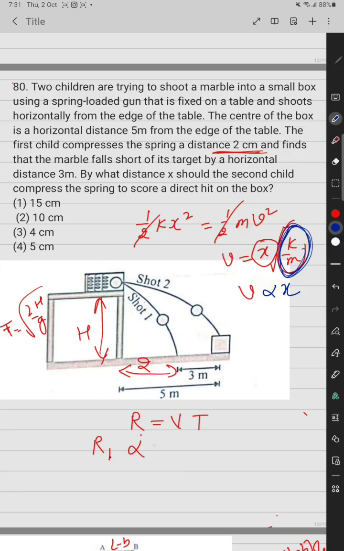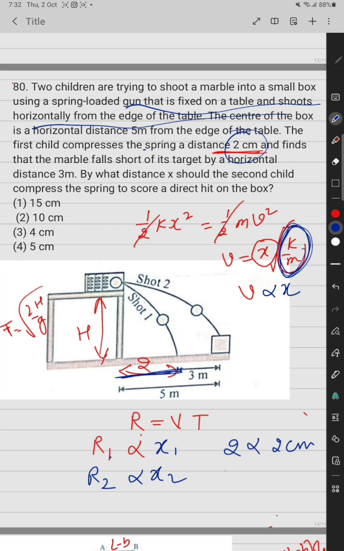So range is proportional to x1, and in the second case the range is proportional to, suppose, x2. In the first case, the range is equal to 2 meter. Therefore, the compression in the first case in the problem is 2 centimeter.